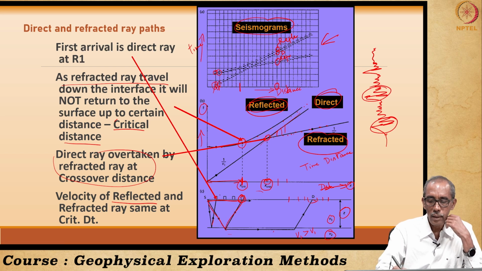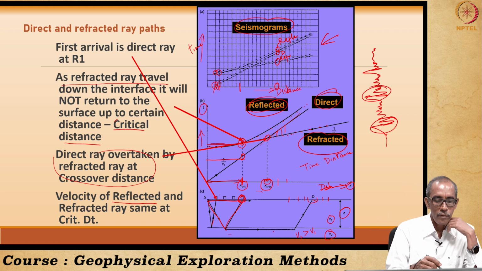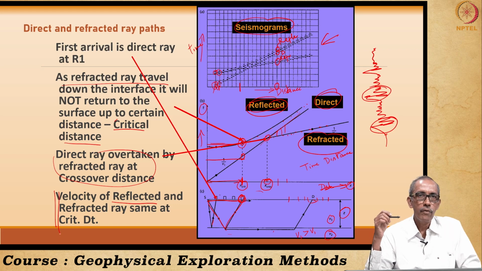So, they are taking much more time. Direct wave has reached at this time, the reflected ray reaches at this time. Similarly, refracted signal reaches at the same time because this is the first geophone, that is critical distance.